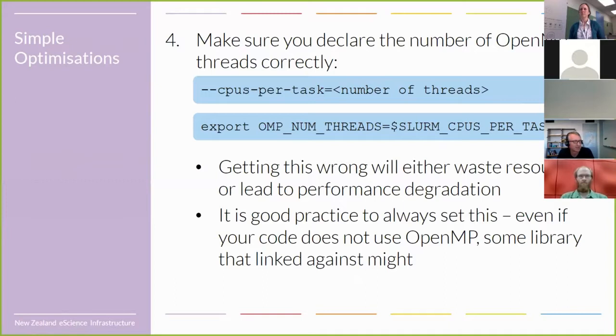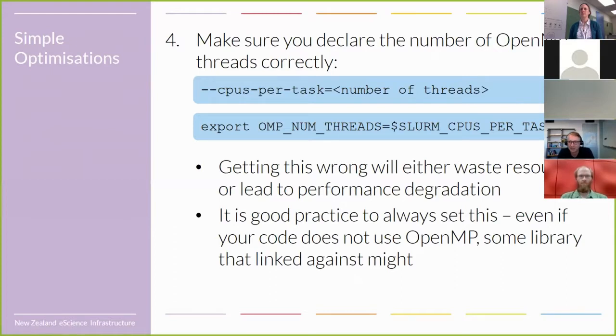The easiest thing to do is to use the environment variable SLURM_CPUS_PER_TASK that is defined automatically, and that will give you consistent numbers of threads between what you ask Slurm for in terms of resources and what you then use in your program at the end.